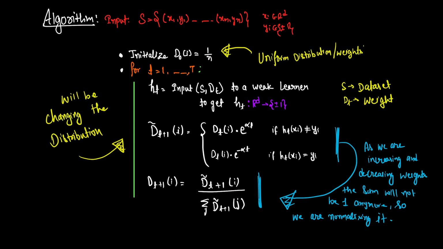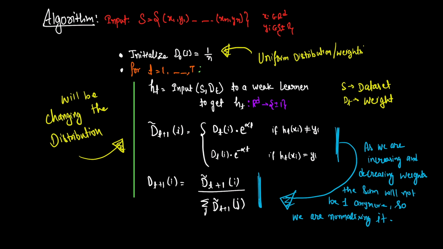We have input S, where we have (x1, y1) up to (xn, yn), where xi belongs to R^d and yi of course belongs to plus 1, minus 1. What we do is start with a distribution. Initially we start with a uniform distribution, which is also known as weights in this context.